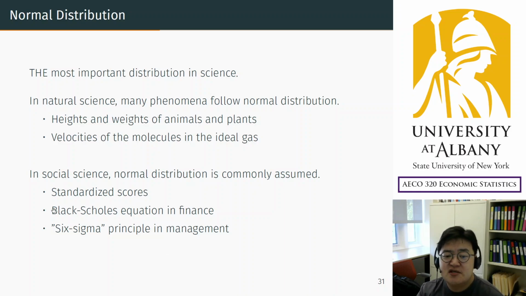And if you're interested in finance, you may have heard about the Black-Scholes equation, which is to find the appropriate price for option value pricing. In doing that, it assumes that the asset price is normally moving, like the distribution is normal.